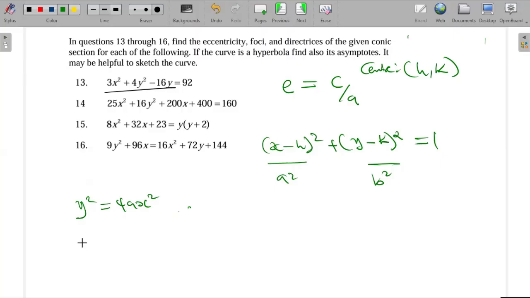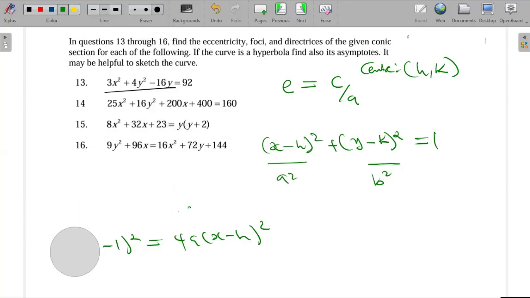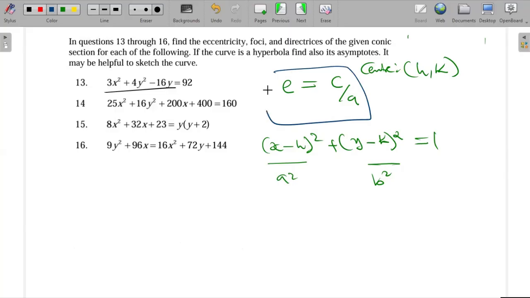And this could be written as (y minus k) squared is equal to 4a(x minus h). It's still a parabola. I think if you watch that first video, you understand how to identify these. But generally, you have to remember the eccentricity.